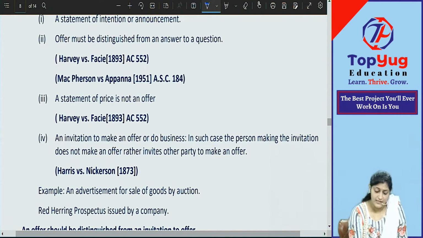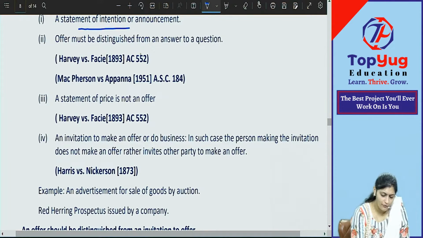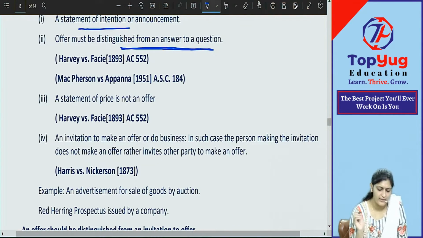Offer must be distinguished from an answer to a question. Offer should be distinguished from an answer to a question.